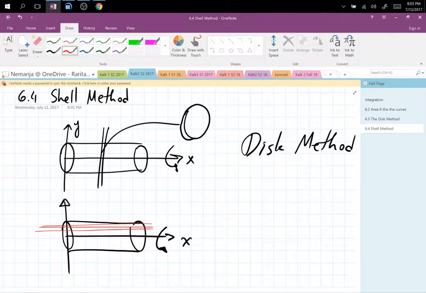If I cut this way, I'm getting disks. But if I cut this way, I cut off the piece, I have a shell. I cut off another piece, I have another shell and another shell, seashells, right? So that's what's called the shell method, because the pieces that you get are shells.